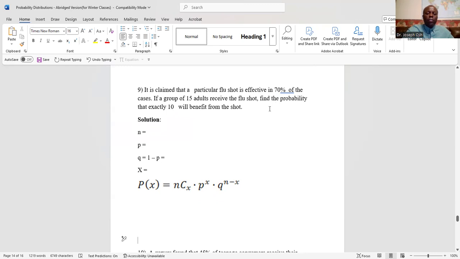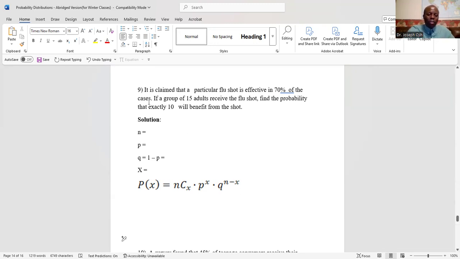If a group of 15 adults receive the flu shot, find the probability that exactly 10 will benefit from the flu shot. The first thing you do is to list out these values for N, P, Q, and X. Then plug them into this formula and you get your answer. Very simple.